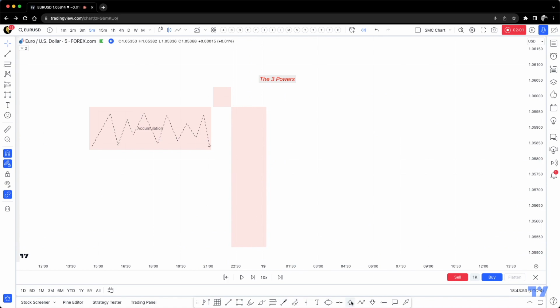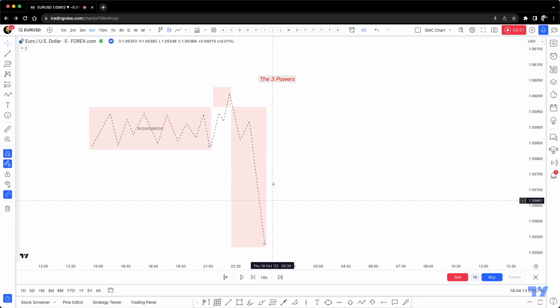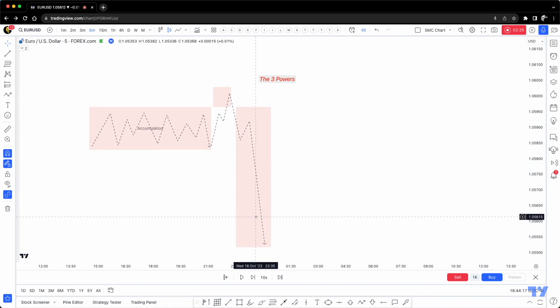The manipulation is where price will eventually take the entire liquidity from the accumulation, pretending it's going up, but in reality, price is just going to displace and distribute to the downside.